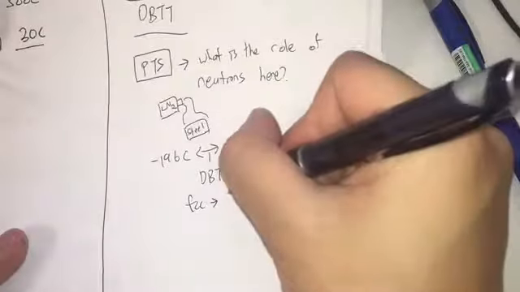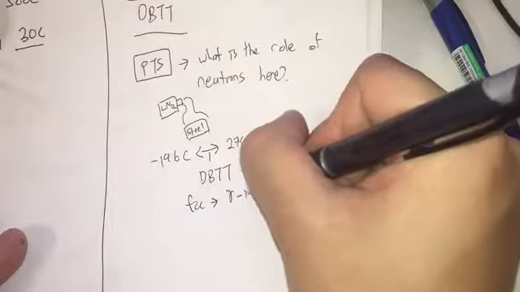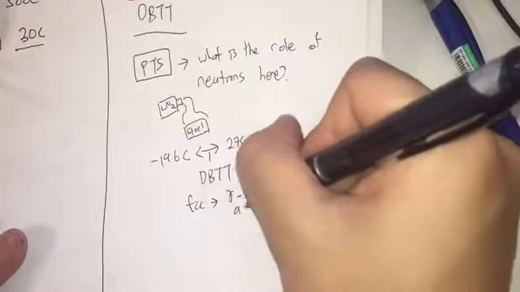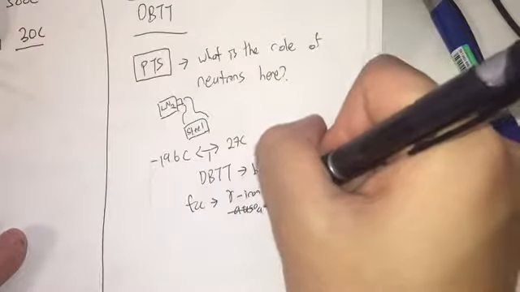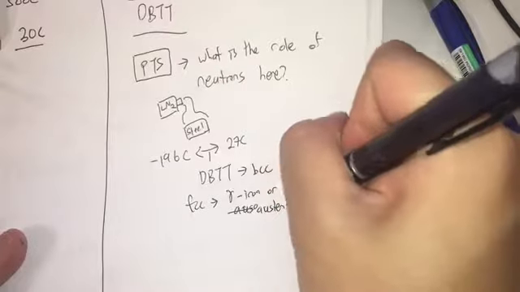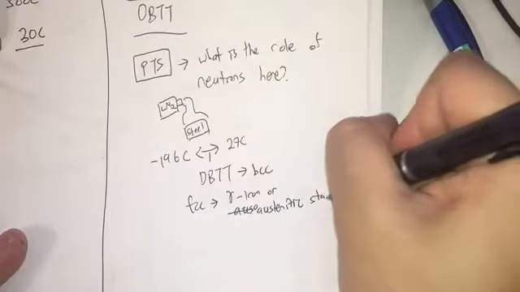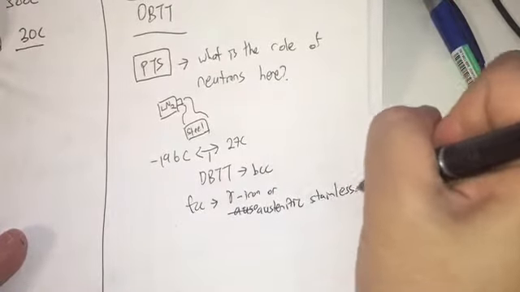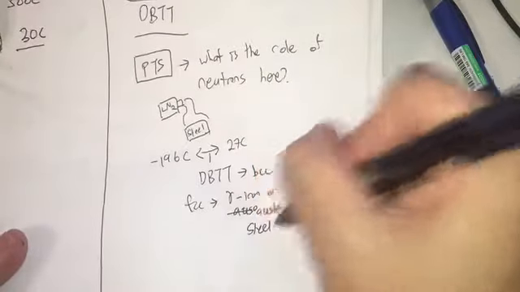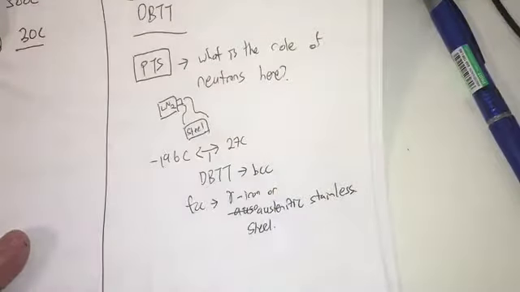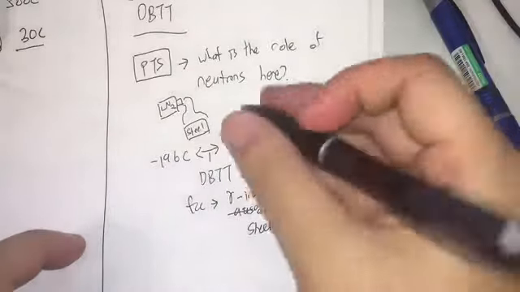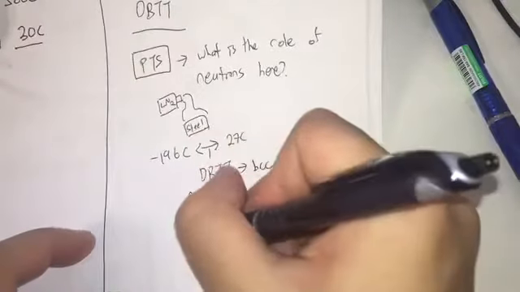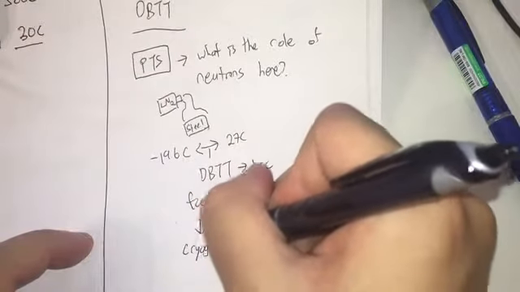That means gamma iron, or austenitic stainless steel, is more immune to this effect. That results in them being used for cryogenic applications. They are very good materials for that.